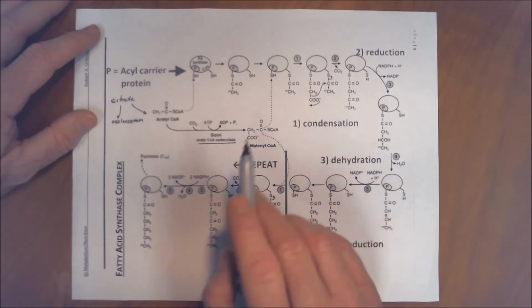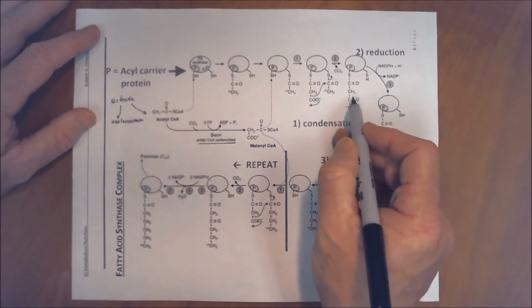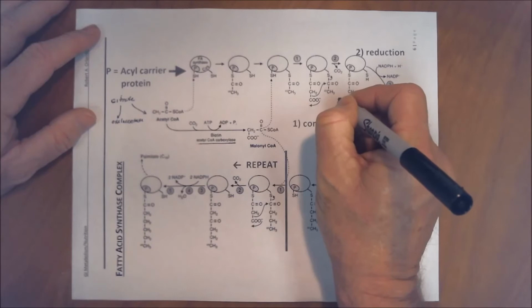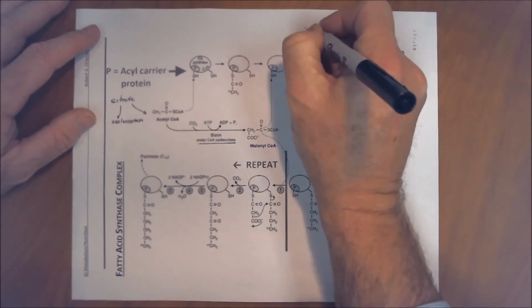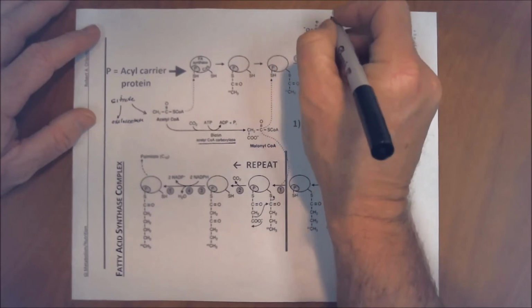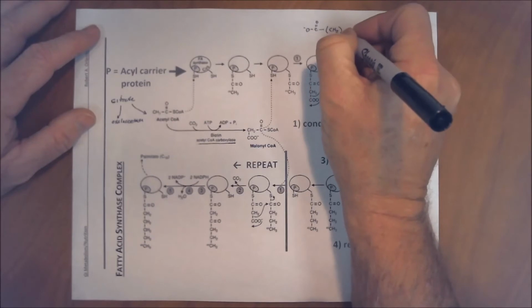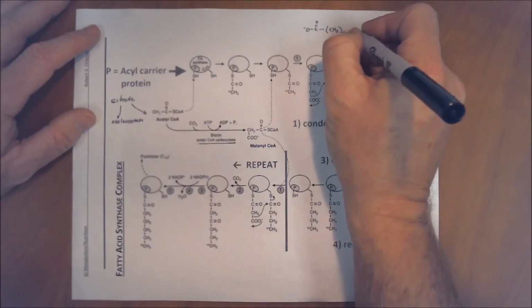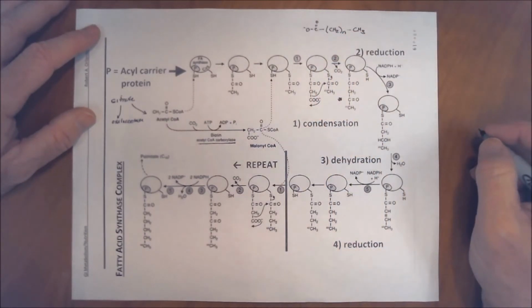The next step of the reaction is that we need to begin reducing this structure. Reducing primarily because, recall, fatty acids are long hydrocarbon chains. We have a carboxylic acid on one end of a fatty acid, a series of CH2 groups, n being a variable number, and a CH3 methyl group as the omega end of the fatty acid.